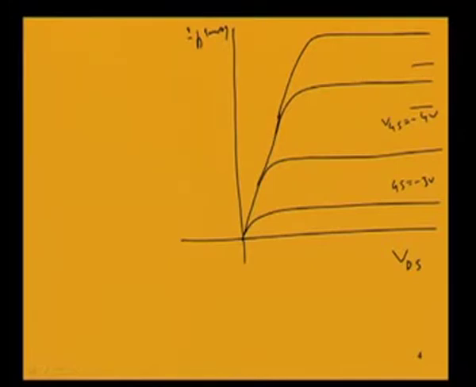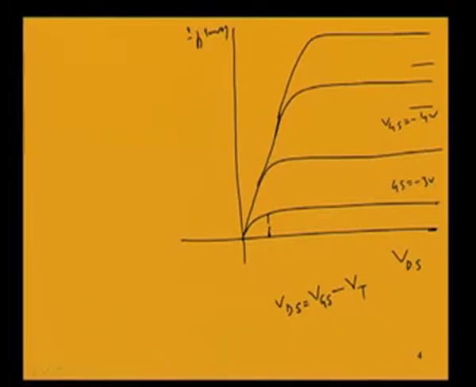So, if we have this plot of ID versus VDS for a particular gate to source voltage, then we will get saturation when VDS equals VGS minus V threshold.